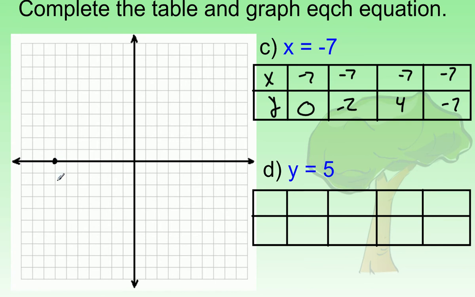Okay? So based off the previous 2 examples, my line's either going to go straight up and down or sideways. Let's see. -7, -2. I now have a hypothesis that my line is going to be a straight up and down vertical line right there.